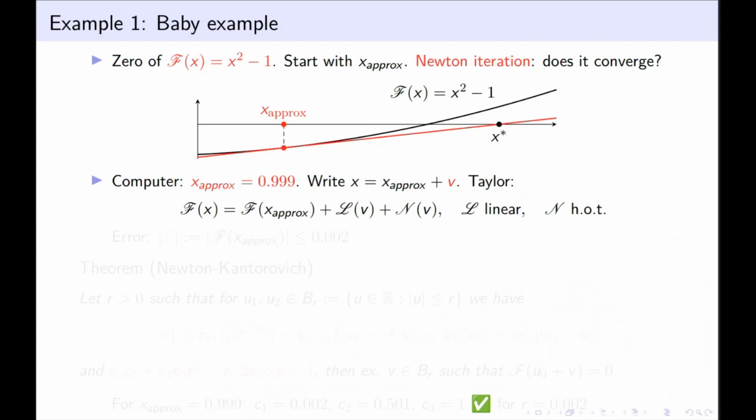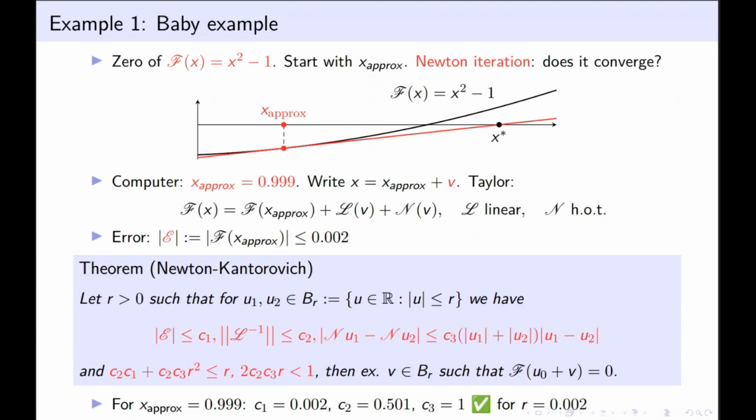Then how this works is you Taylor expand your target function, you Taylor expand your curly f. Here I did this for your convenience. This f of x approx, that's the 0th order term, and then there's one linear term, and then there are several higher order terms. In what we're about to do, this 0th order term is called the residual. It's also called the error, and I use this curly e letter.